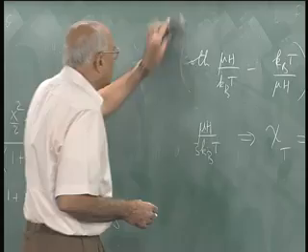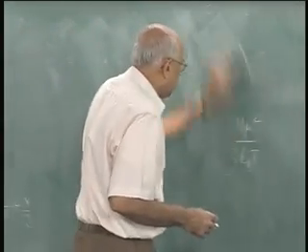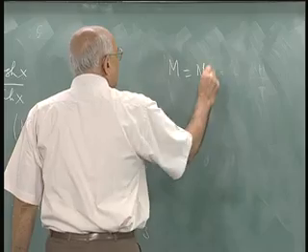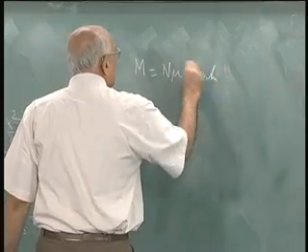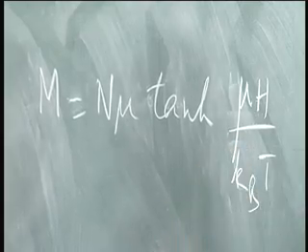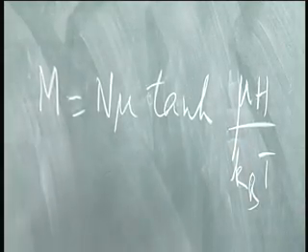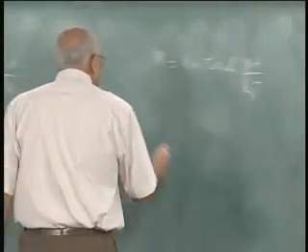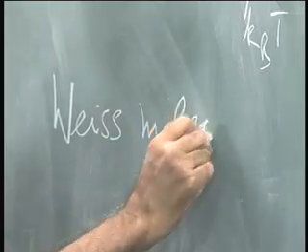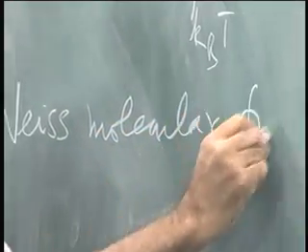You could take any one of these models. Let us take the simple one dimensional model. So we have m equal to n mu tanh of mu H over k Boltzmann T, and the fix consists in the following. This is called the Weiss molecular field theory.